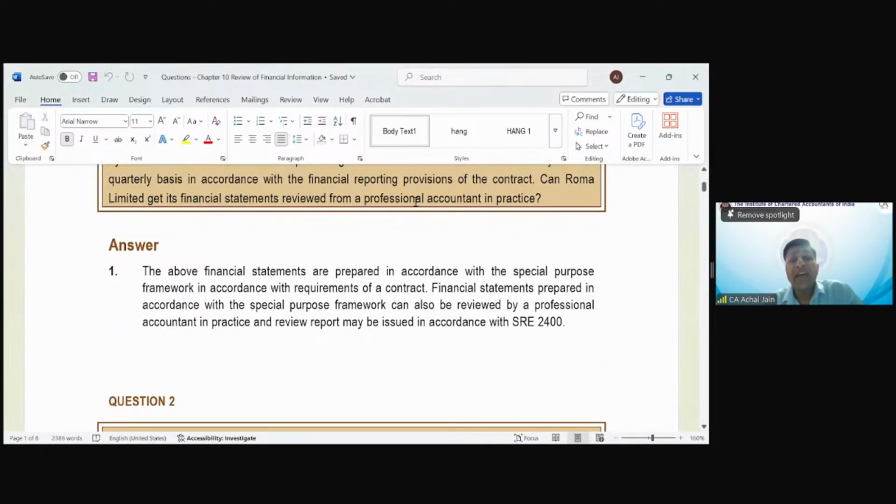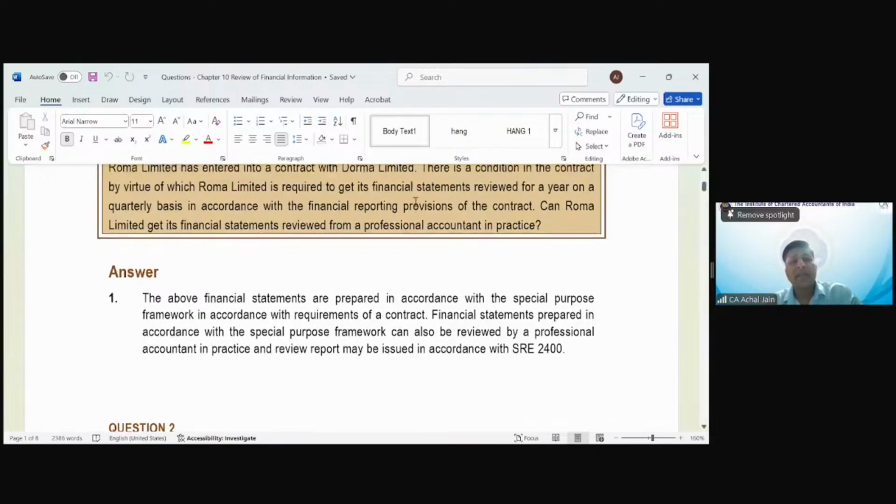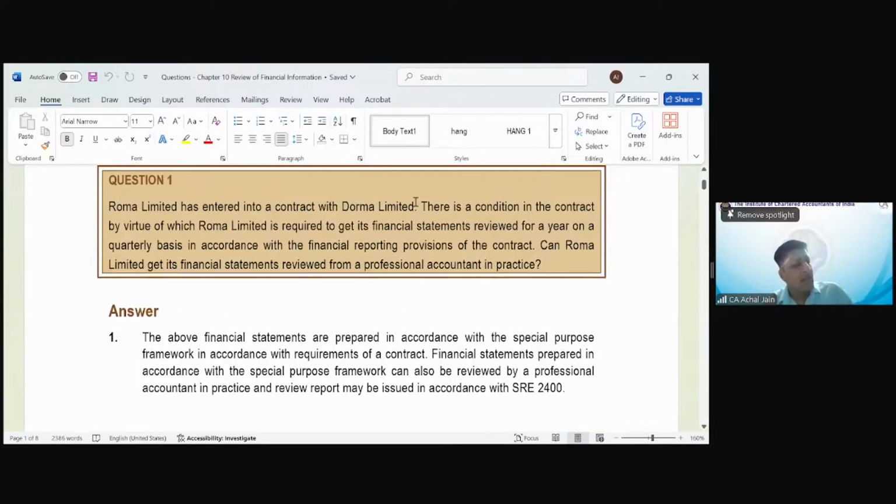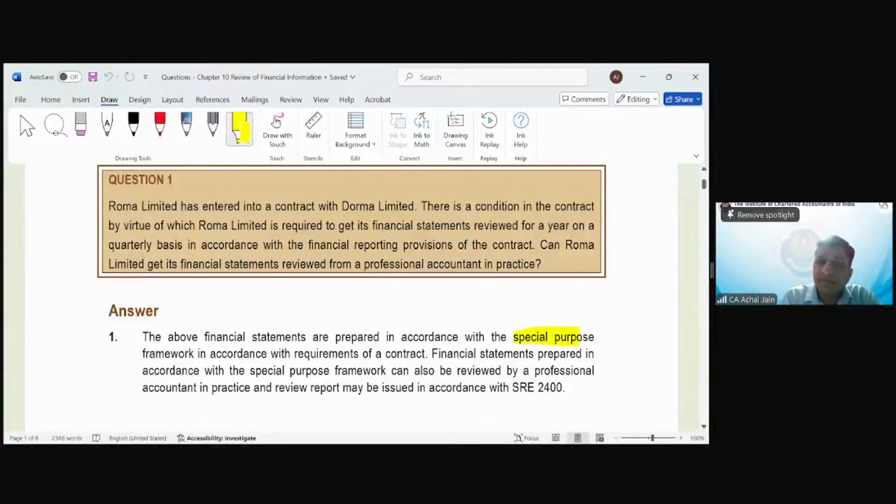The above financial statements are prepared in accordance with a special purpose framework. Yes or no? Why do we say it's a special purpose framework? Can you please explain? Yes, sir, this is a financial reporting provision of the contract. Hence, it is a special purpose framework.